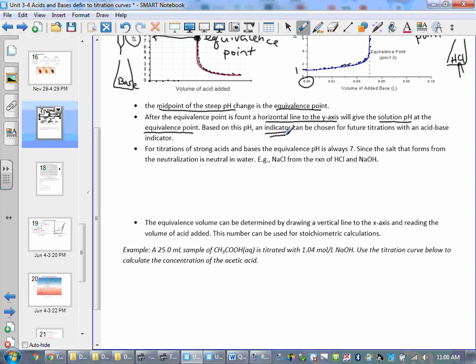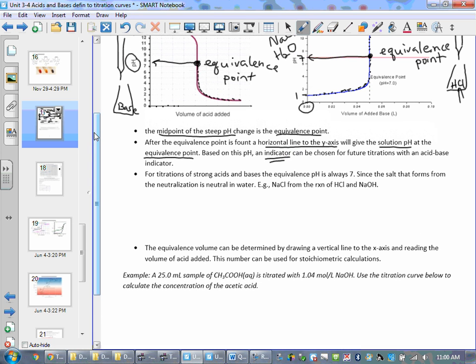So we practiced using indicators to figure out a certain pH last week. We would want an indicator that changes color right around our equivalence point. And then we wouldn't have to make a tedious graph if we needed to do lots of these titrations. We could just use a nice indicator that would change color.